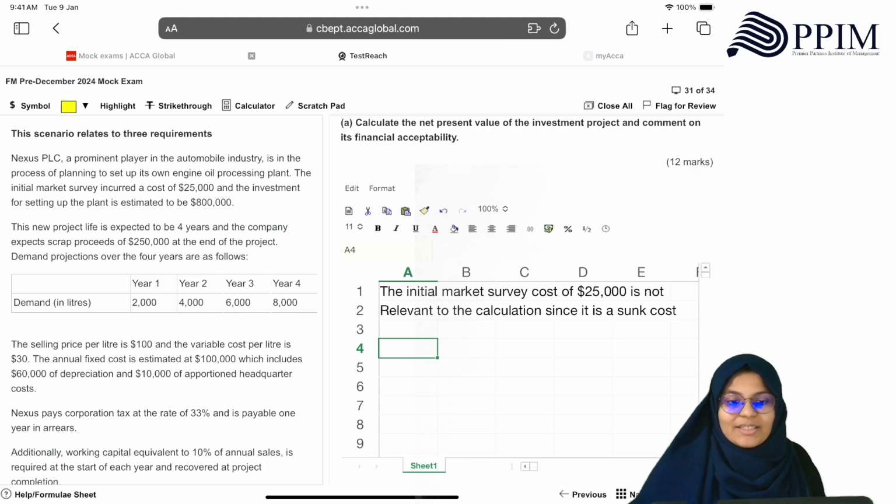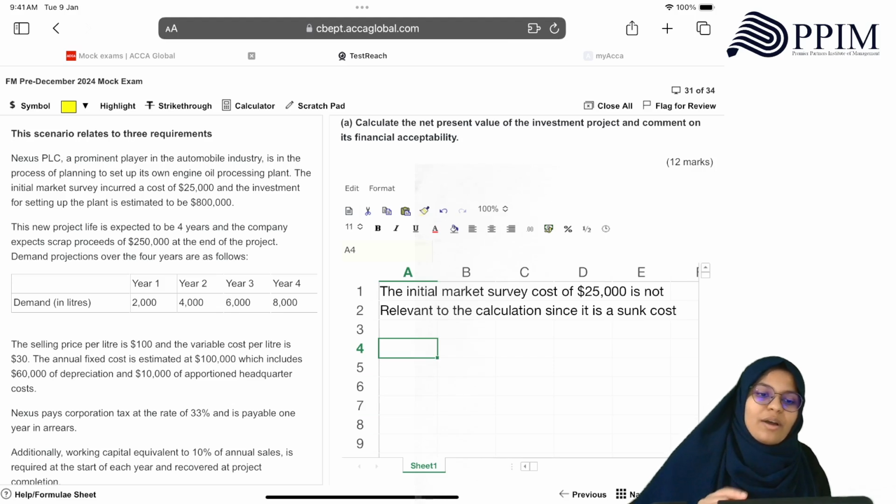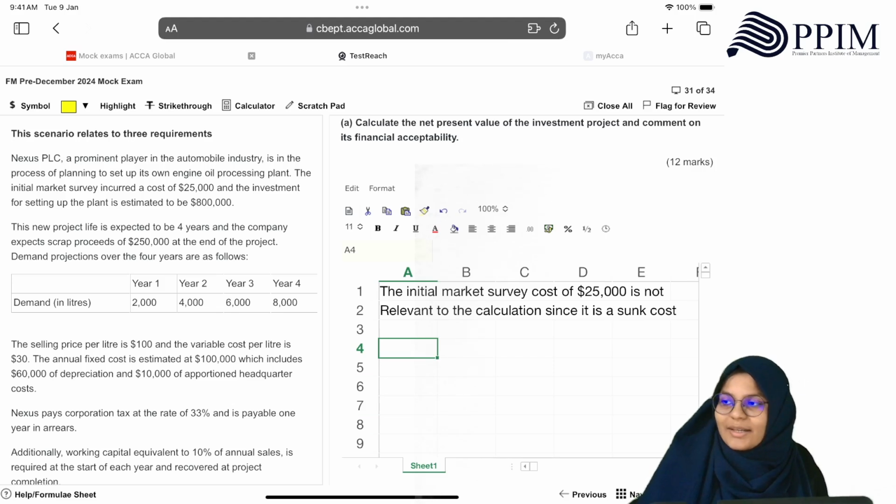Again, depreciation and apportioned headquarter costs you can't consider. They are not relevant, right? It has to be future incremental cash flow. Depreciation is an accounting adjustment and apportioned overheads are also not relevant, right? So from the 100,000 you have to deduct 60,000 and 10,000.